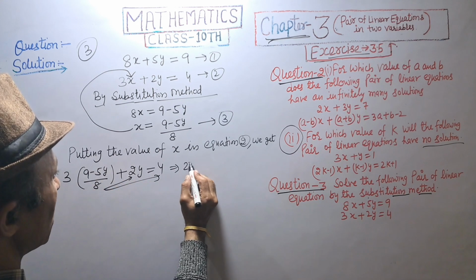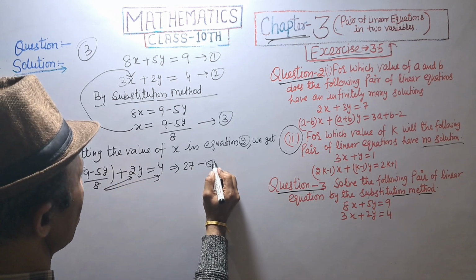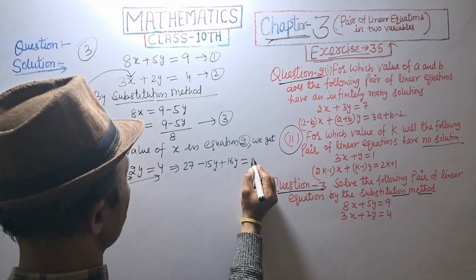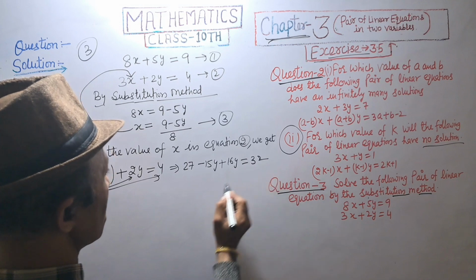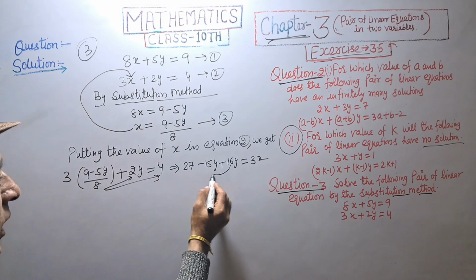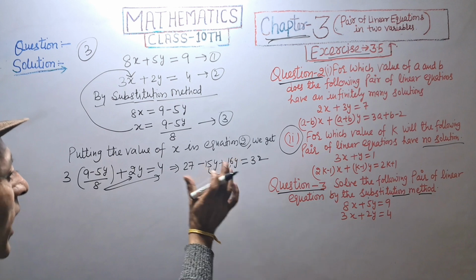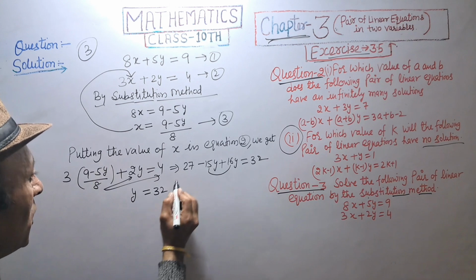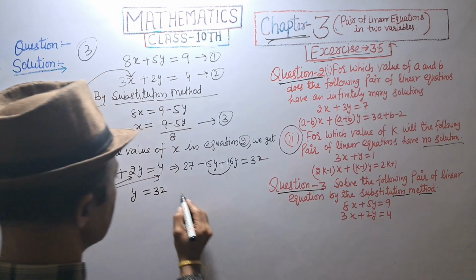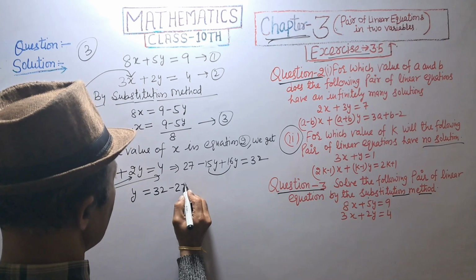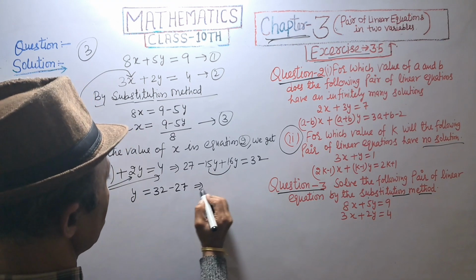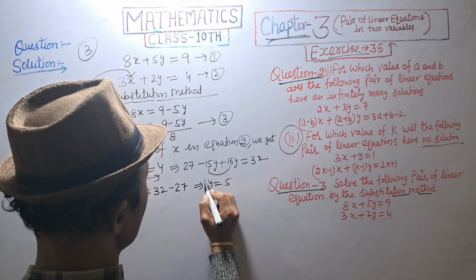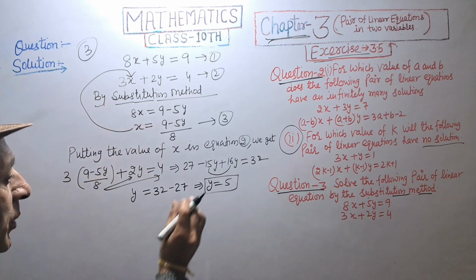This implies 9 3s are 27 minus 5 3s are 15y plus 8 2s are 16y is equal to 8 4s are 32. 16y minus 15y, that is y, and y is equal to 32. Shifting 27 to the right side, that will be minus 27.